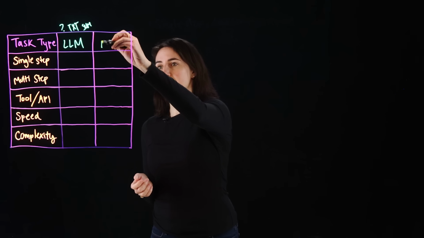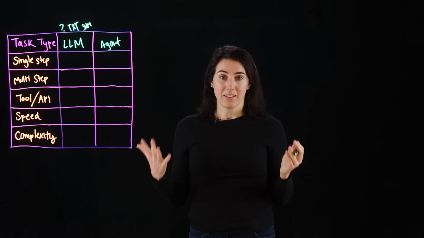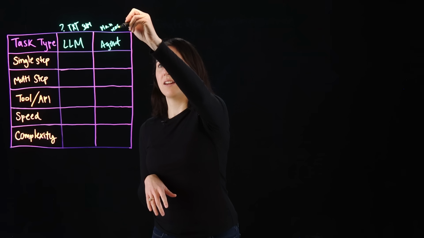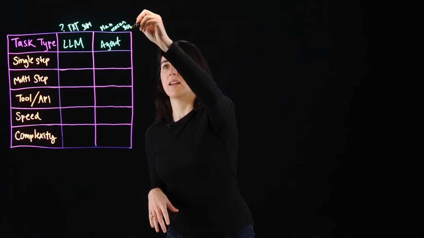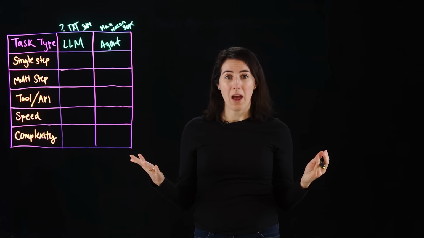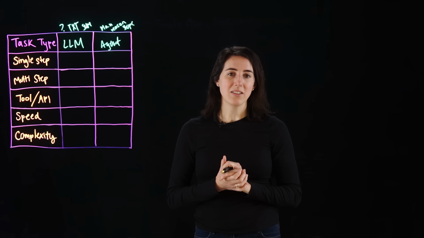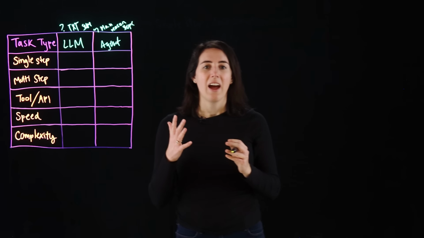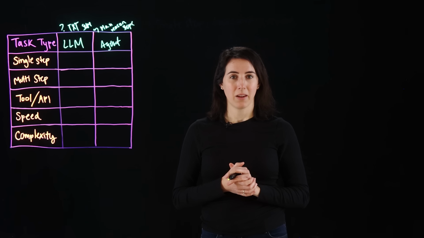An agent, on the other hand, is like a mini AI assistant that can plan, it can reason, and it can take multiple steps. It might search the web, run code, and interact with tools all on its own. Agents typically use LLMs under the hood, but add planning, tool use, and autonomy.